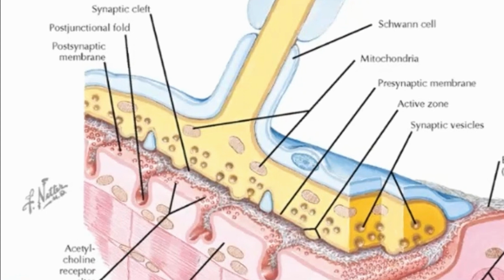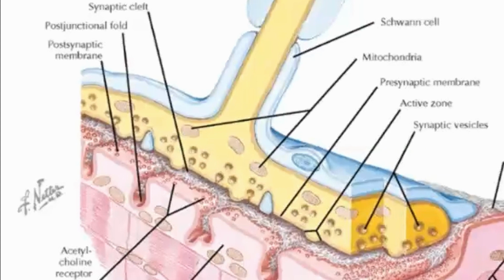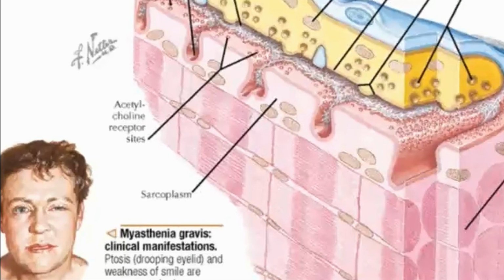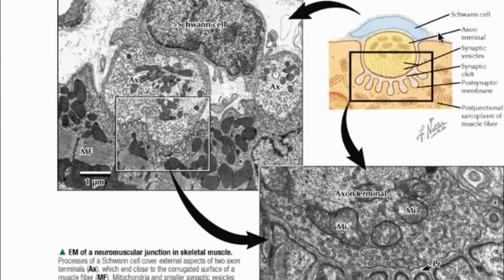If you have a problem at the neuromuscular junction, which you tend to have in a condition called myasthenia gravis, then they can have weakness. Sometimes they have impairment in the acetylcholine receptor site, there's no muscle contraction, and they end up with what we call ptosis, so the eyelid just drops down. This is just showing the axon terminal, the nerve terminal, the synaptic vesicle, the synaptic cleft.